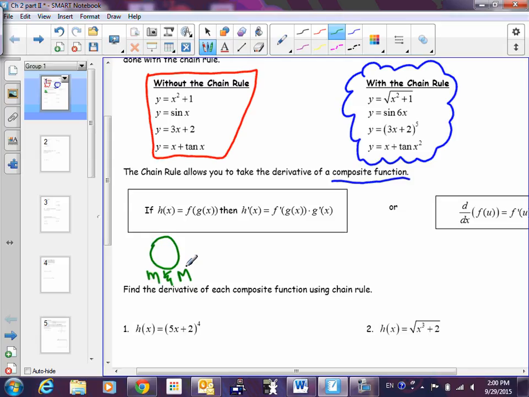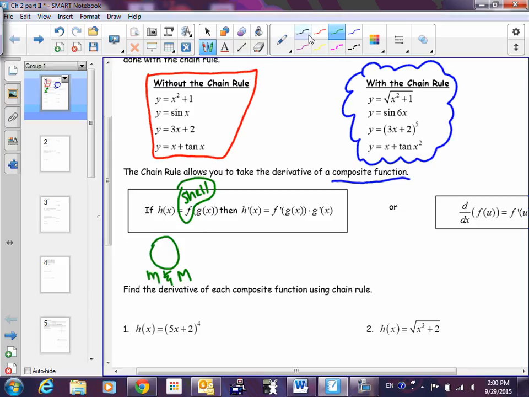I'm drawing it more or less for who is watching this video, so that they can tell what we're doing. What's on the outside of an M&M? The shell. So that's what f of x is going to be represented by, the shell. It's the outer function.